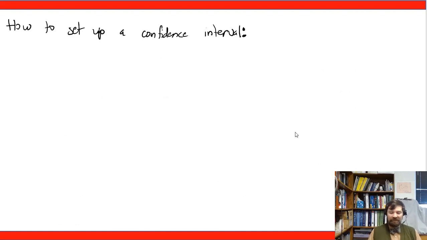So how do we go about setting up a confidence interval? I'm just going to give you the steps here, or a set of steps. First step is sort of what that previous video that I referenced, part 1, which is you must calculate or otherwise determine basically your result, your average, your standard deviation about the mean.